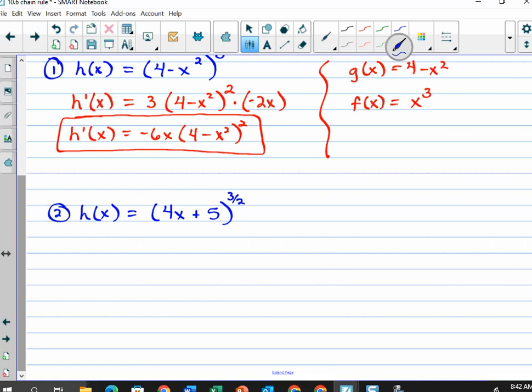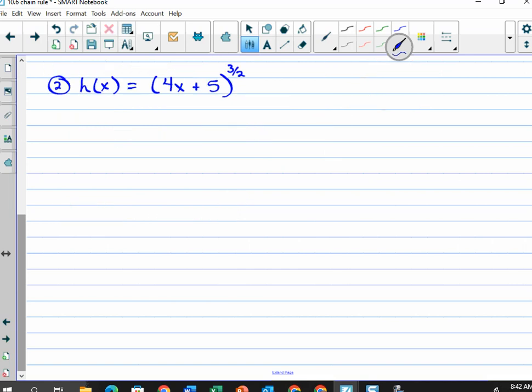Check someone around you. Do you agree? Multiply by... It's easy to miss that last one.